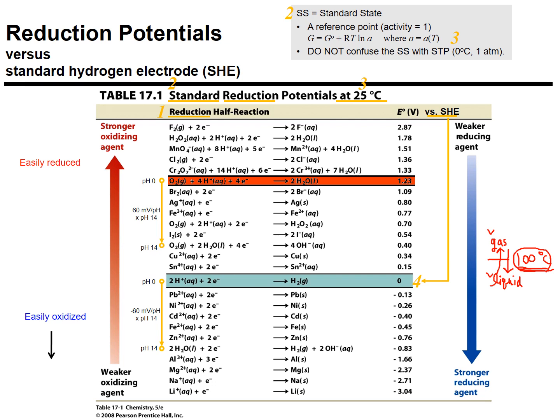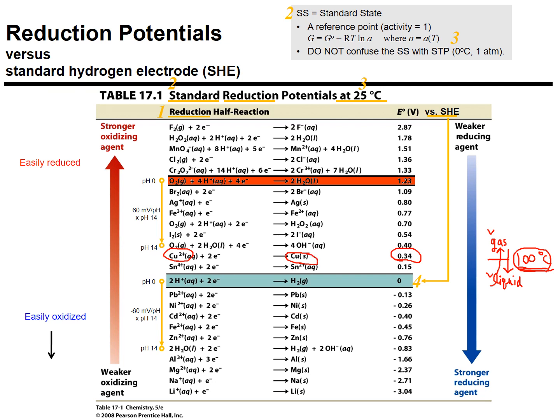So let's go back to the reduction potential. At plus 0.34 volt, what happens? Copper 2 plus is going to copper, and also copper is going to copper 2 plus. There is an equilibrium between copper 2 plus and copper metal.